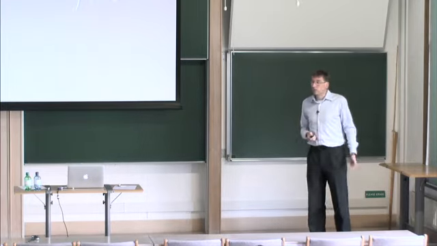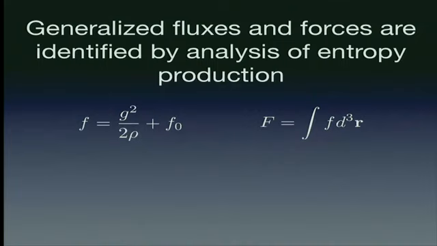Okay, so what do you do then? Well, then you make the assumption of local thermodynamic equilibrium. So you can define a density of free energy, which I'm going to write in this form here. So we have these small volume elements. They have a certain kinetic energy, and they have a certain internal energy. And then we get the total free energy from integrating over this density, obviously.